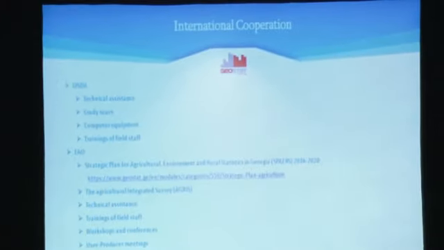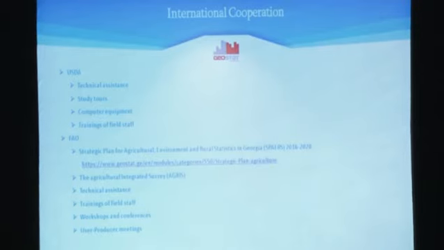Geostat works intensely with FAO experts as well. One of the important results of this mutual work was the strategic plan for agriculture and rural statistics. Nowadays, the most important activity, with the support of FAO, is the implementation of the AGRIS program, which plays an important role in the development of agricultural statistics. Thank you very much.